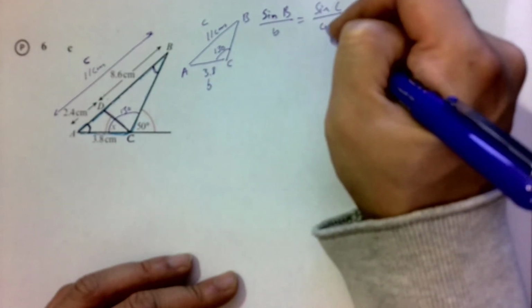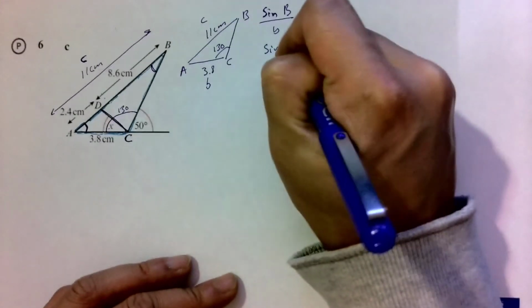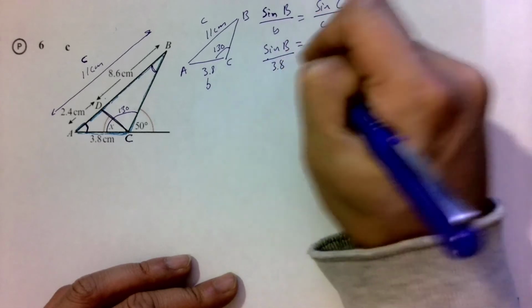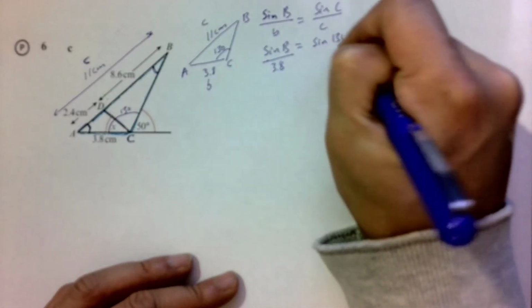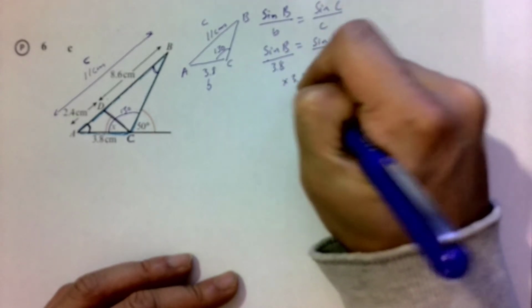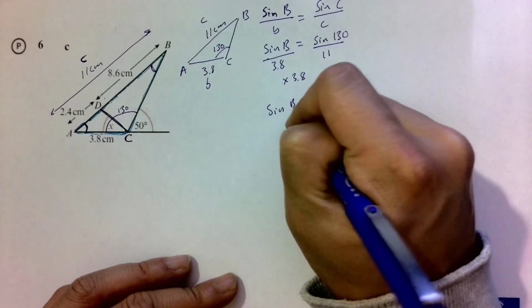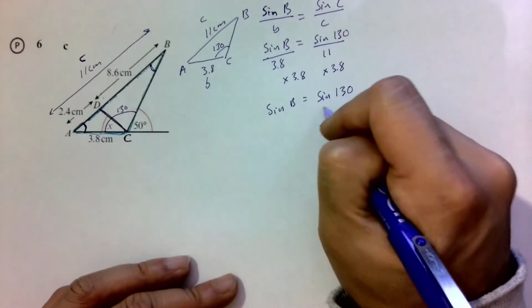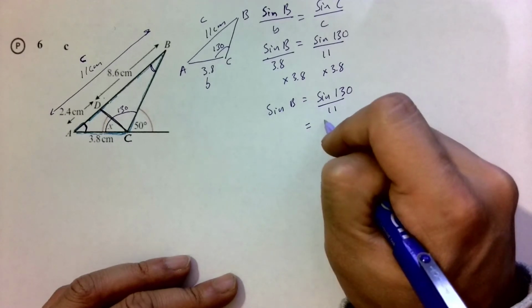Now we sub the values in, so sine B over 3.8 equals sine 130 over 11. Now times both sides by 3.8 to get sine B equals 3.8 times sine 130 over 11.